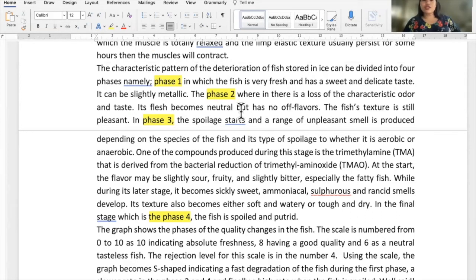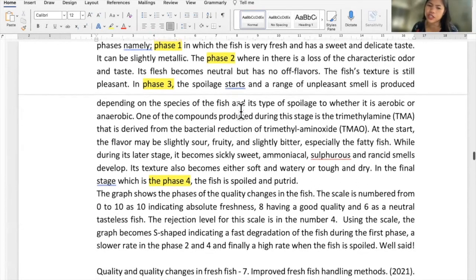However, in phase 3, spoilage is already starting and a range of unpleasant smells is produced, and that would depend on the species. If your fish is very fatty, it tends to become rancid because of the high amounts of polyunsaturated fatty acids in the fish sample. And during phase 4, the fish is already spoiled and putrid.